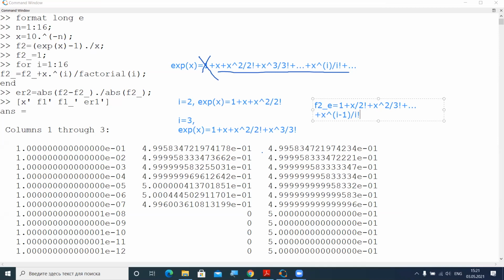Is it clear now? We subtracted 1 and divided by x for our e to the power of x. Do you understand me? Yes. Got it. Okay, so now we can work with the other cycle also here.